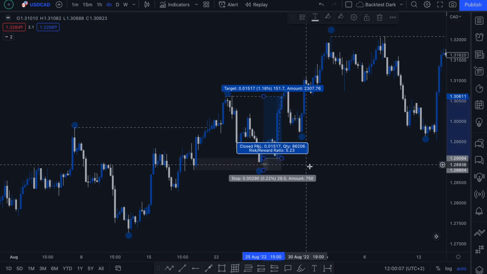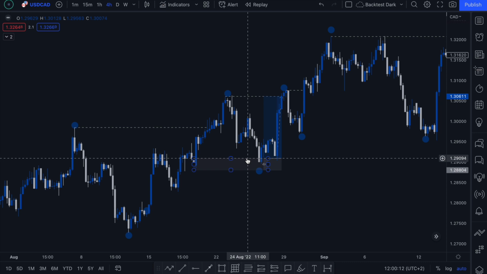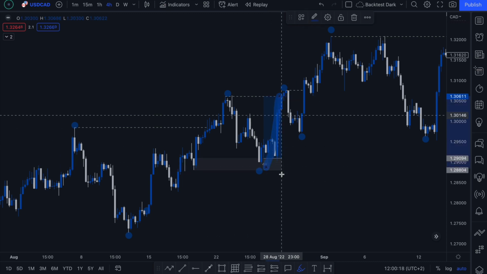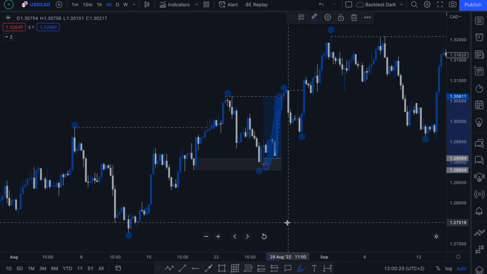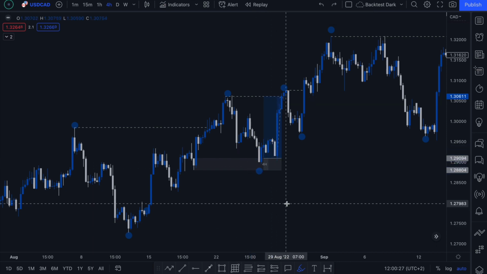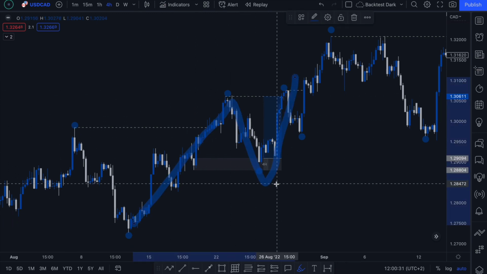And in here, boom, Bob's your uncle. If you're looking at trading the open of that demand zone, you have yourself a 5.2R trade. And then there you go. In that way, in hindsight, you've been able to backtest a long setup here on USD CAD, which satisfies our smart money concepts approach to trading.